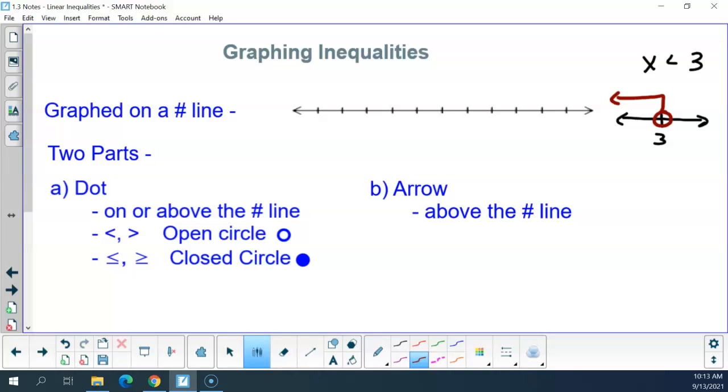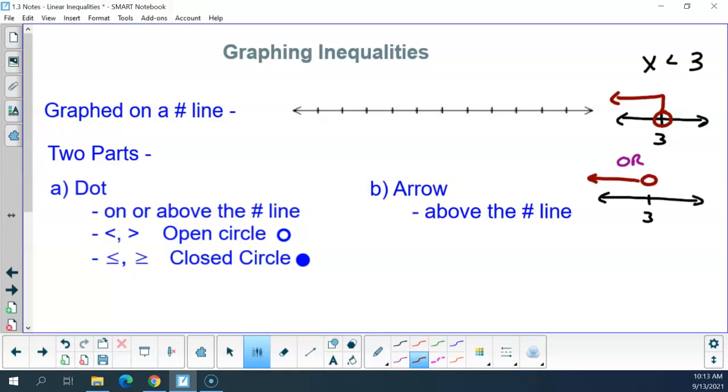That is an acceptable graph for an inequality. I would also accept that as a graph for an inequality.